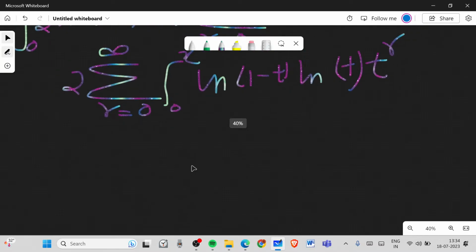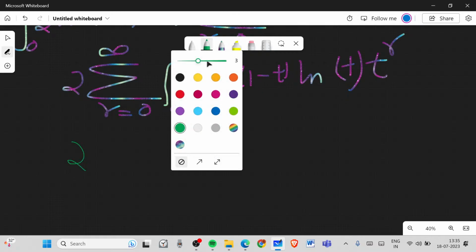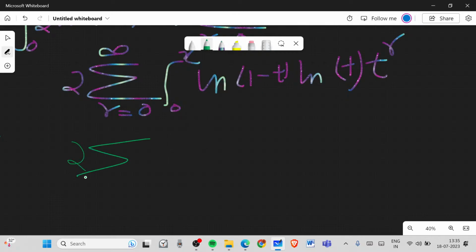And now I am thinking of applying series on ln(1 minus t), but it's strange, seriously we don't know how it would work out, but let's try and not give up.